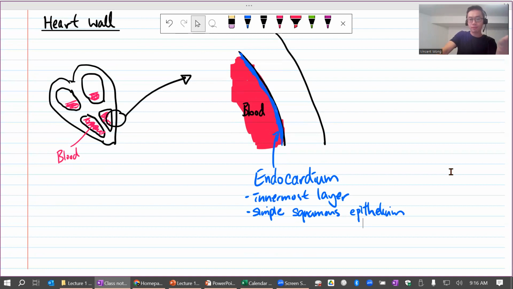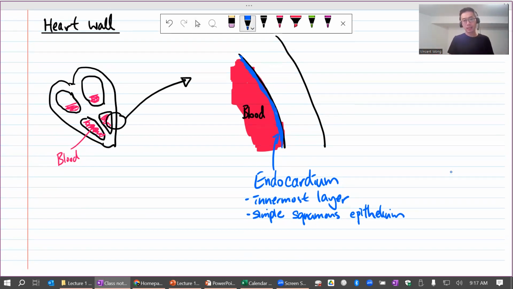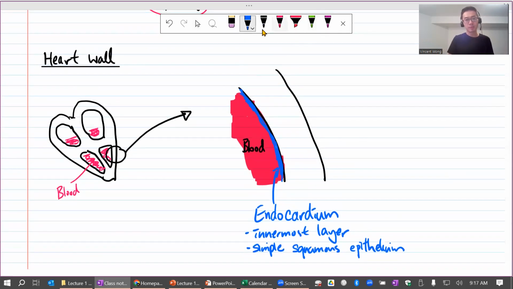How many layers for simple? Yes, thank you, Blessing. One layer. And squamous means what kind of shape? Is it cube shaped, rectangular, flat? Flat. That's right. So we have a single layer of flat cells that makes up the endocardium. And it's good to be that way because we want it to be smooth, right? I hope that makes sense.